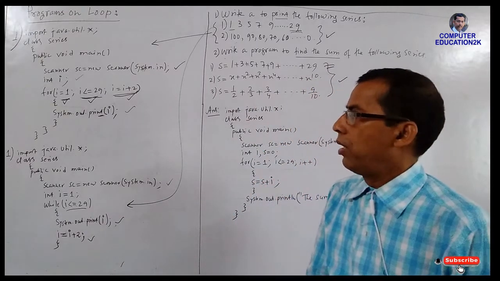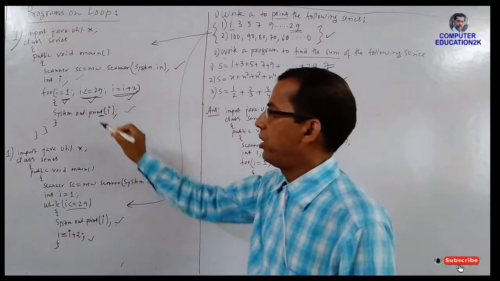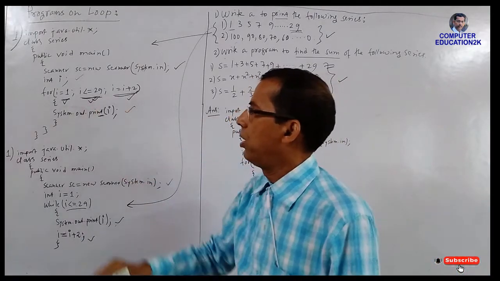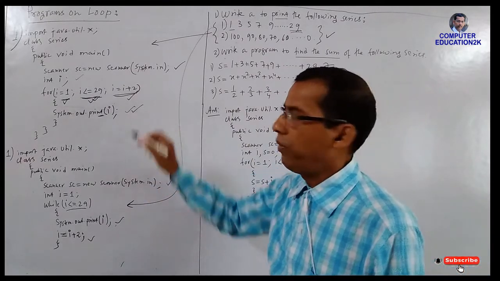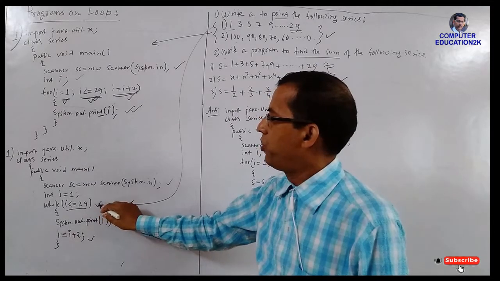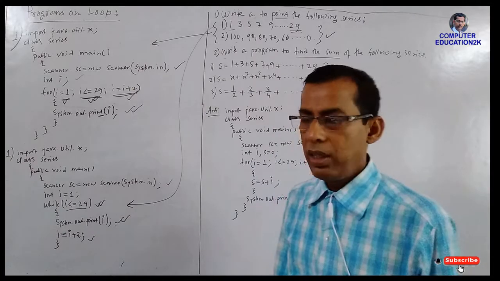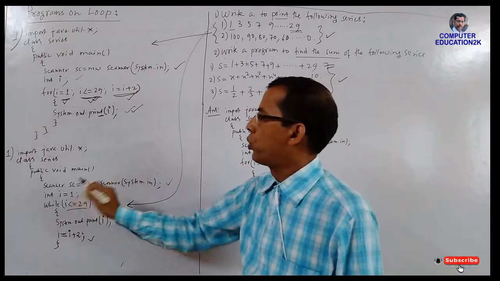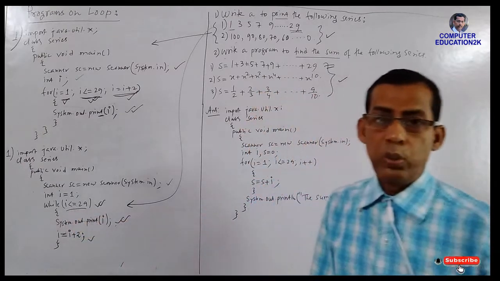Now you can see one thing, keep in mind. Here the condition is checked first, and then I am printing the value. Here also I am checking the condition first, and then I am printing the value. First i equals 1, then I check whether the value of i is less than 29 or not.